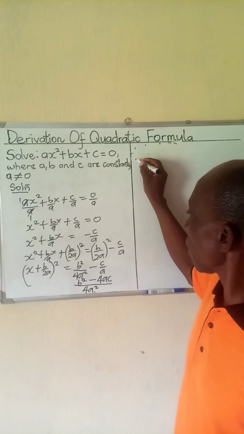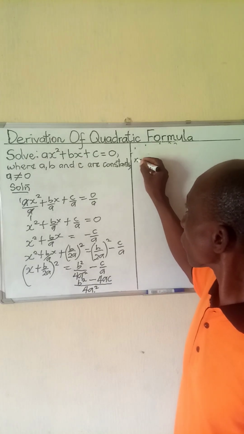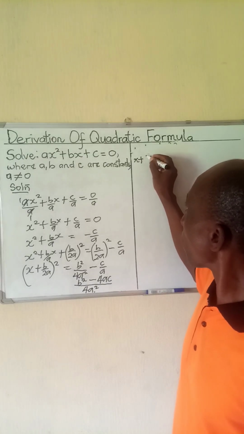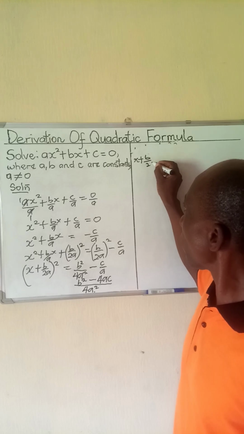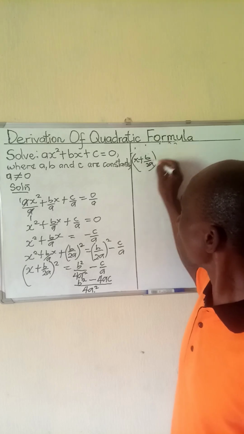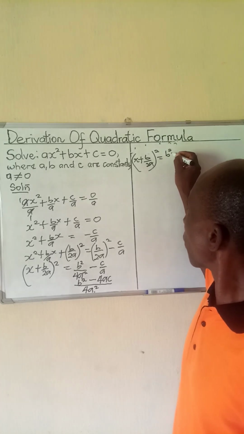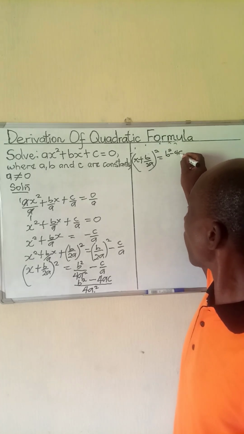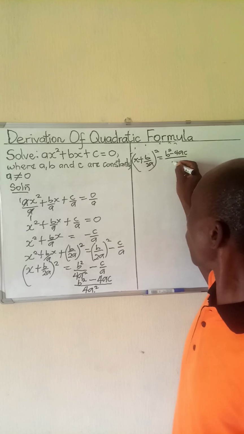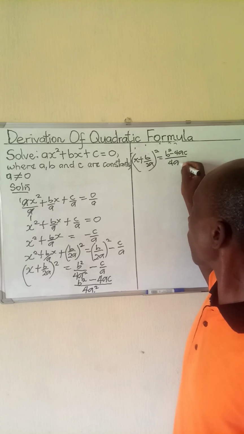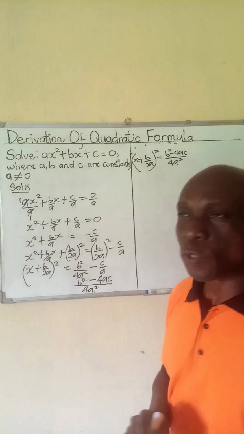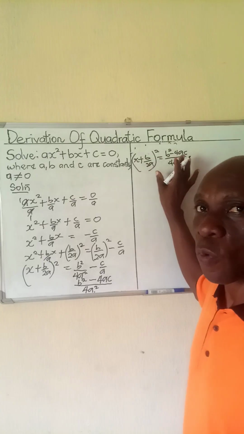So we have that x plus b over 2a all squared equals to b squared minus 4ac over 4a squared. To remove the square term on the left hand side, we'll take square root of both sides.